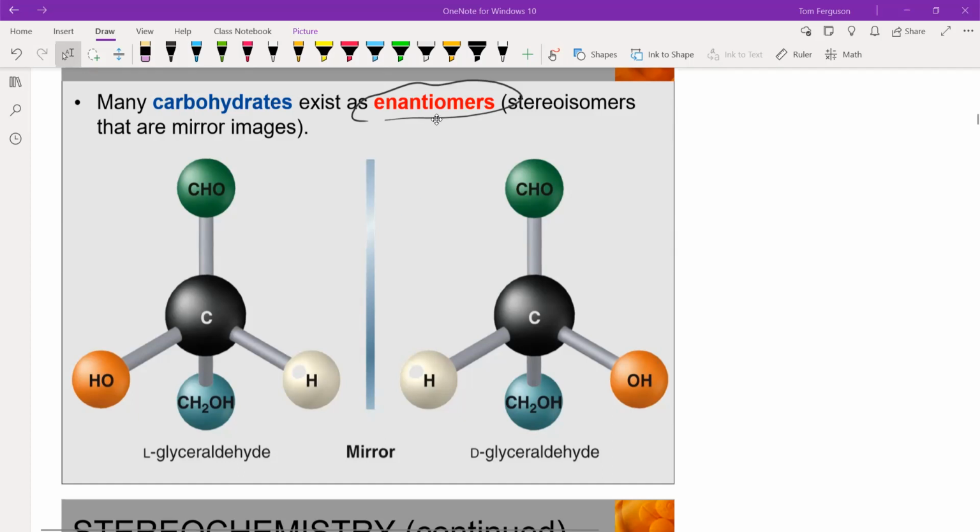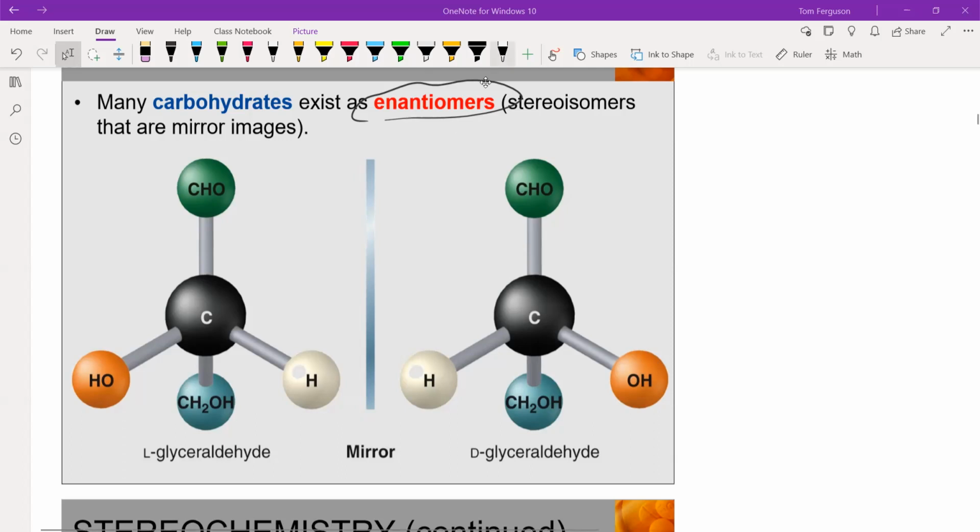Okay, and those are called enantiomers. There are a lot of drugs out there that are enantiomers of one another. A very, very famous case of a good and a bad molecule, and the relationship between the two of them, being enantiomers of one another, is called the thalidomide disaster that happened back in the 60s.